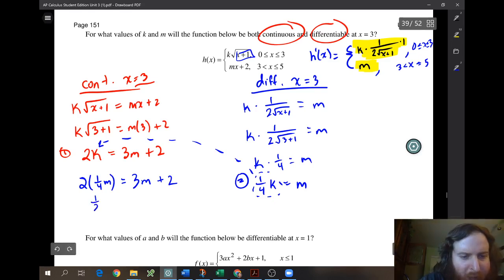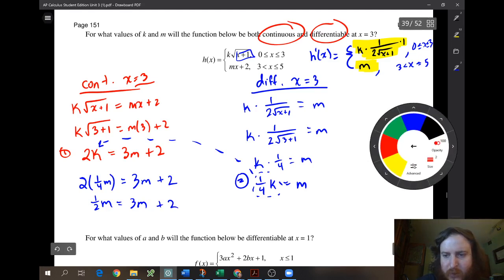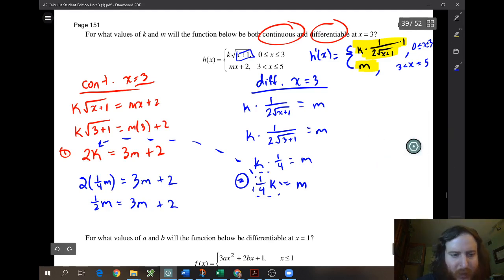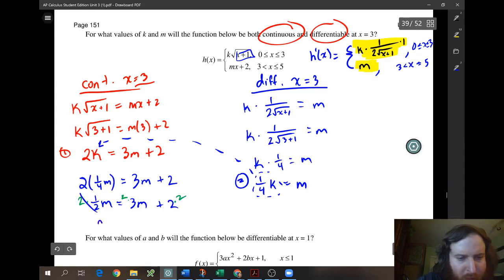So this is 1/2 m equals 3m plus 2. And you can subtract and get like 2.5, or basically it's 5/2. Or if you're like me and you don't like fractions, you can just multiply every single term by 2. And so that'll give us m equals 6m plus 4.